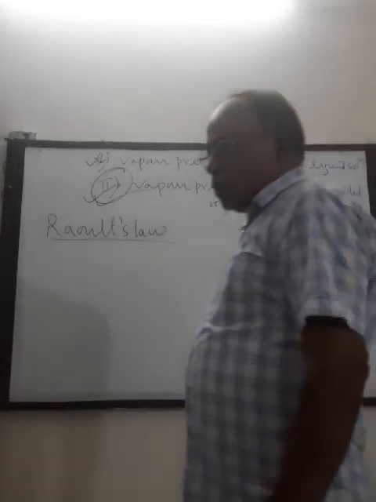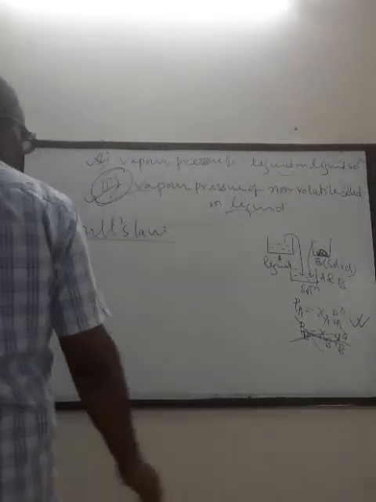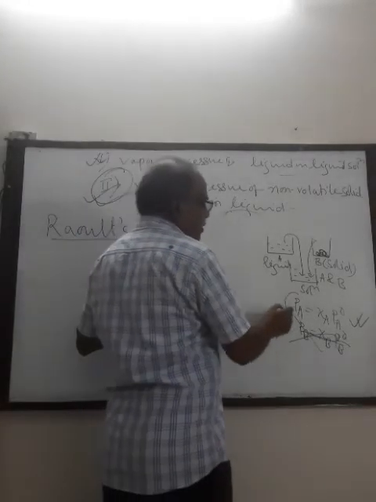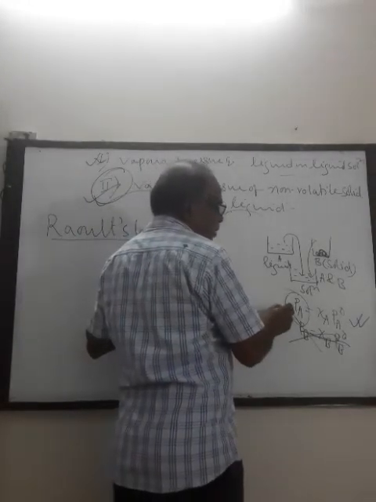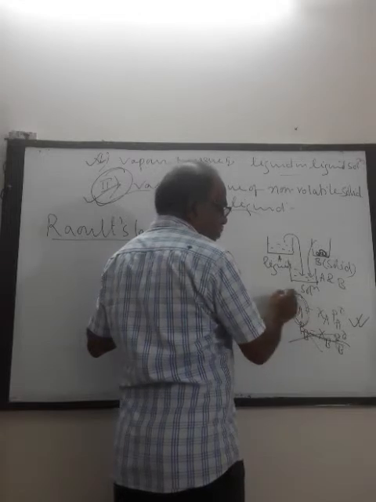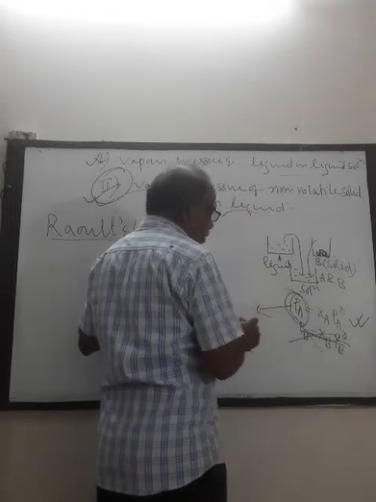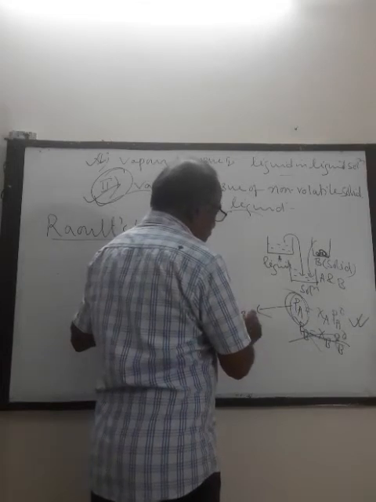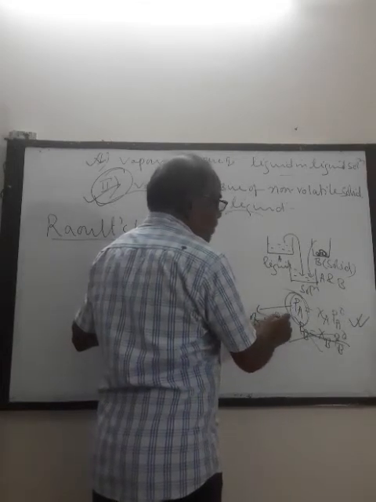Now since the only liquid is A and B is solid, this PA is the partial vapor pressure of A in the liquid, and now represents the vapor pressure of solution.